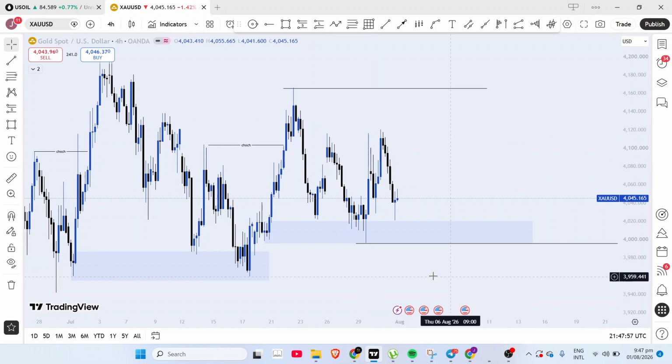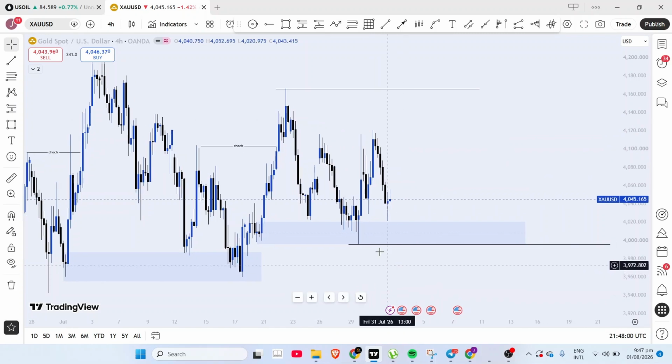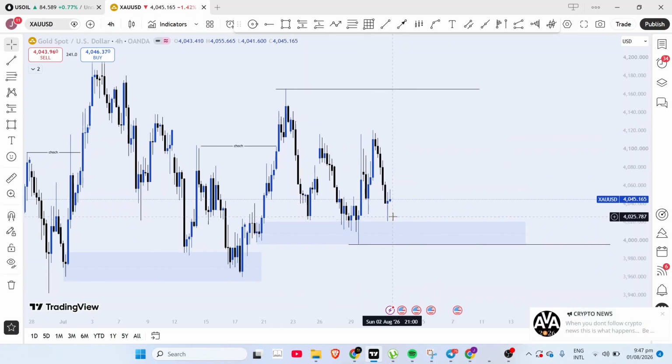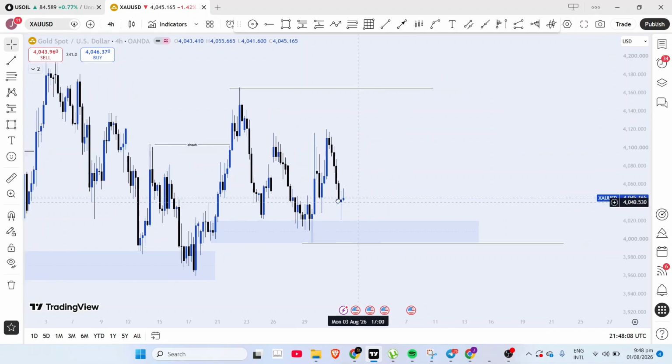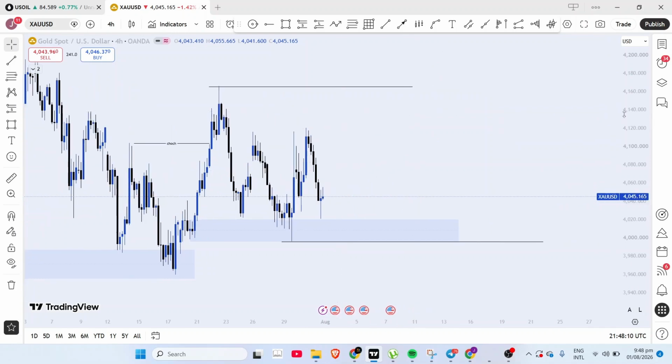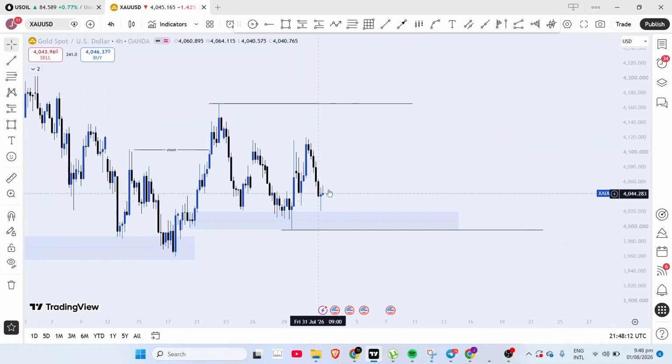Let's keep watching if this reaction is valid, if we are going to continue moving upward. We will look for opportunities along the way to join the move to the upside.